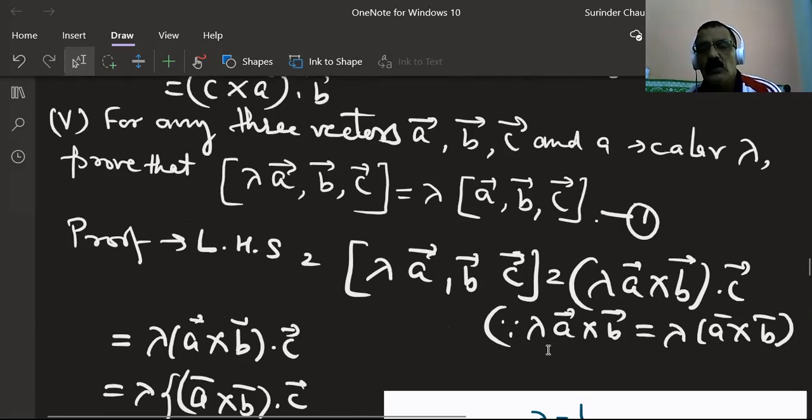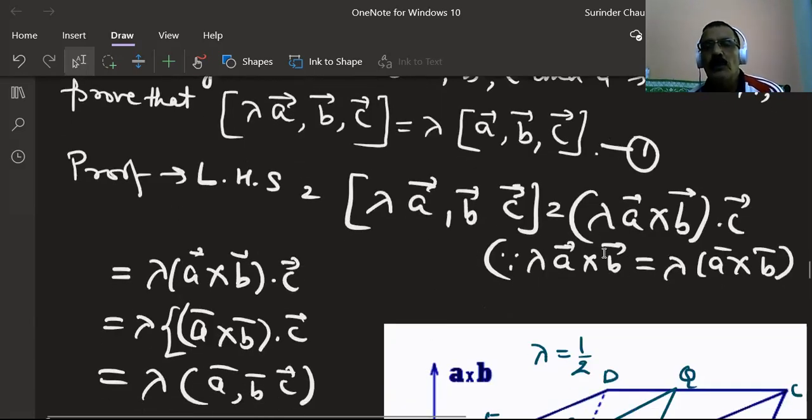In the earlier class, we have read that lambda times A vector cross B vector can be written as lambda times the cross product of A and B vectors.